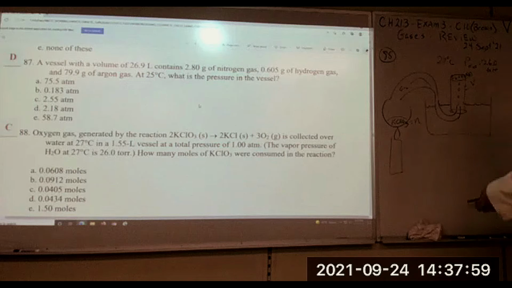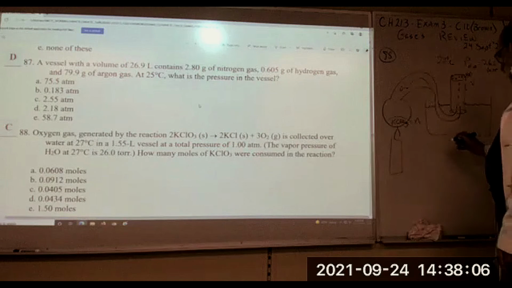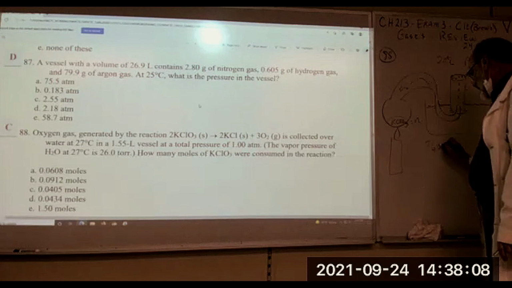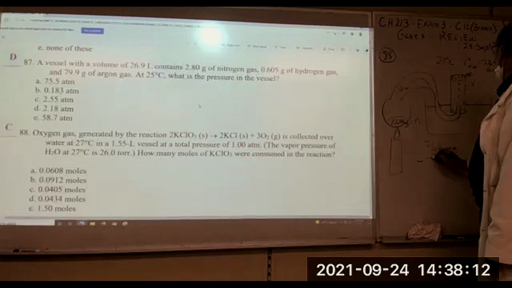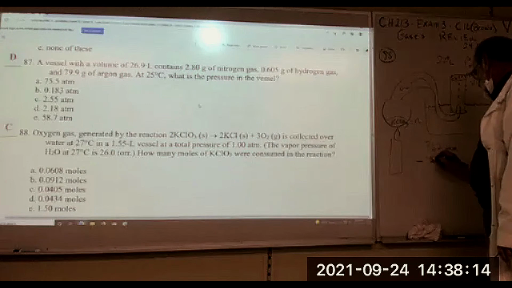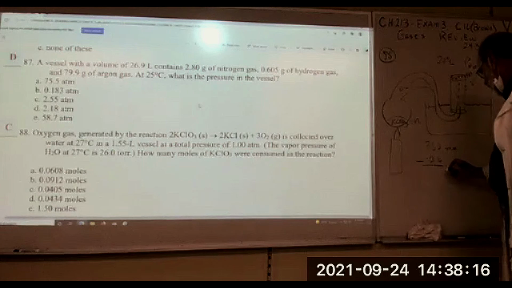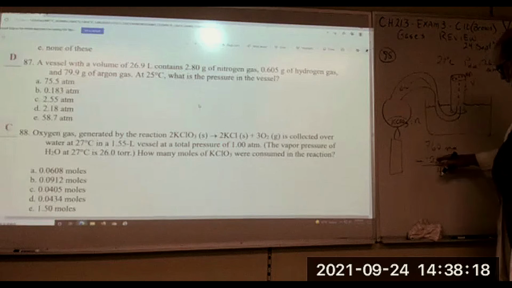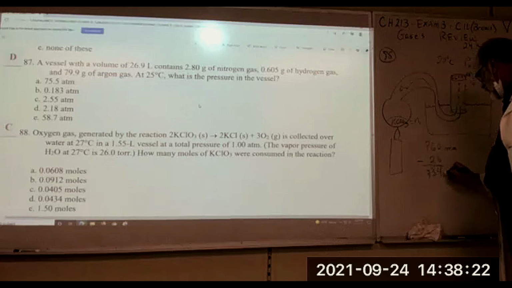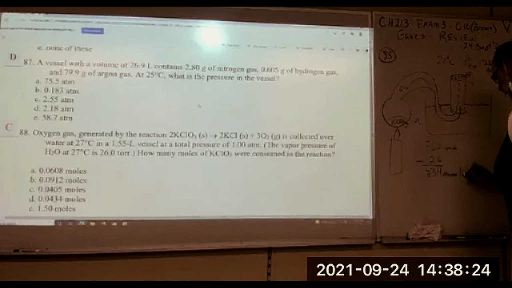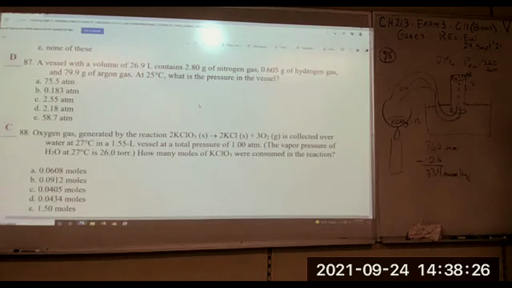All right. So what's the total pressure at this temperature? 1 atmosphere. Okay. So that's 760 millimeters minus 26 is equal to what? 734 millimeters of mercury.